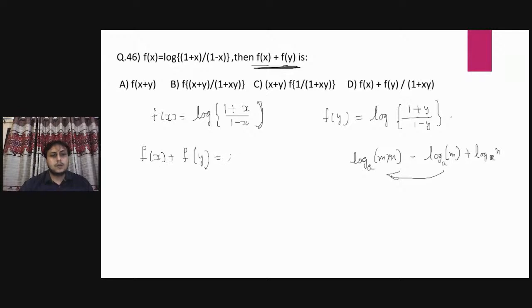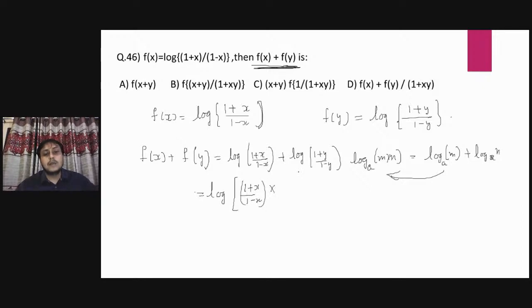So f(x) plus f(y) means logarithm of 1 plus x upon 1 minus x, plus f(y), which is logarithm of 1 plus y upon 1 minus y. So guys, use this property of logarithm. Log m, here m is 1 plus x upon 1 minus x, and n is 1 plus y upon 1 minus y. So this equals logarithm of 1 plus x upon 1 minus x into 1 plus y upon 1 minus y, right?